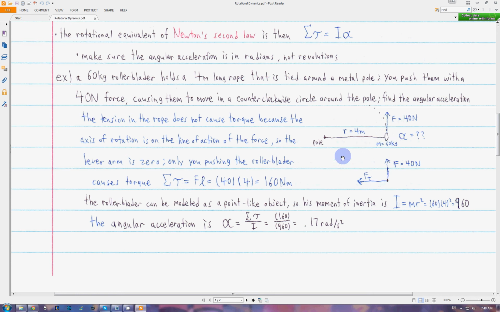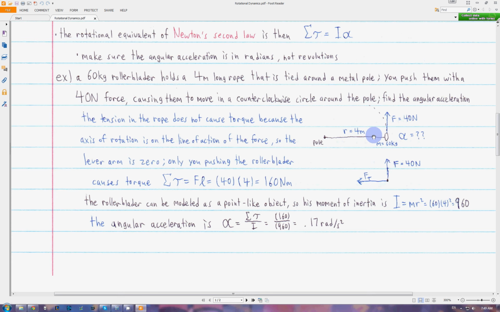And this torque is the force, 40 newtons, times the lever arm, 4 meters. So the torque that you provide is 160 Newton meters. Next we need to find the moment of inertia of this system. This whole rotating object can be represented as just one point, the rollerblader.